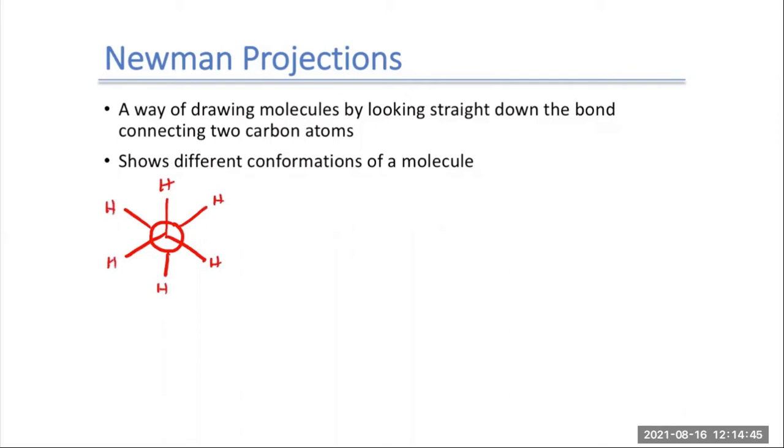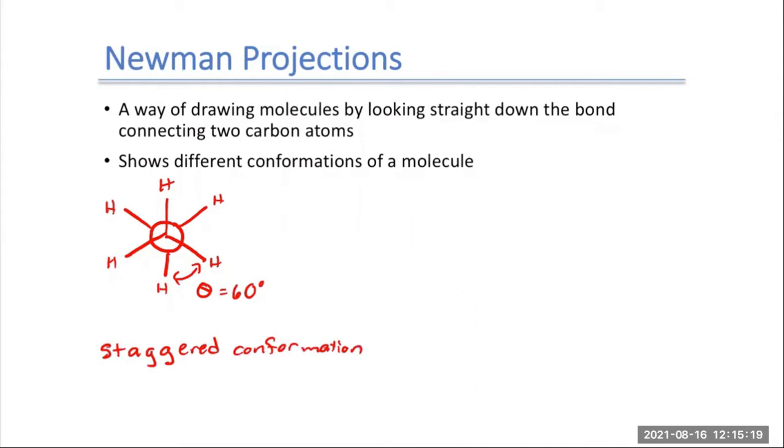So here, looking at this Newman projection, the angle between these two hydrogens is about 60 degrees. And this is what we call a staggered conformation. And in the staggered conformation, we call it that because all the hydrogens are staggered to each other.